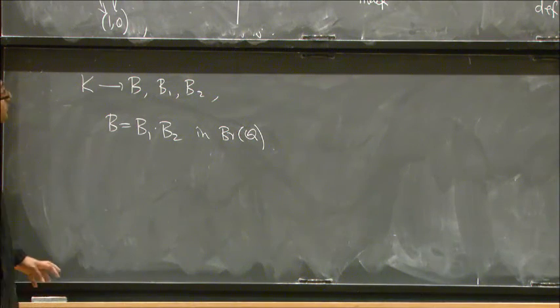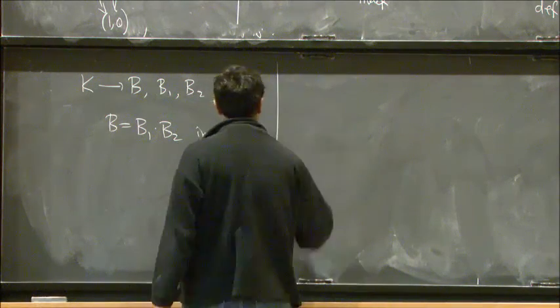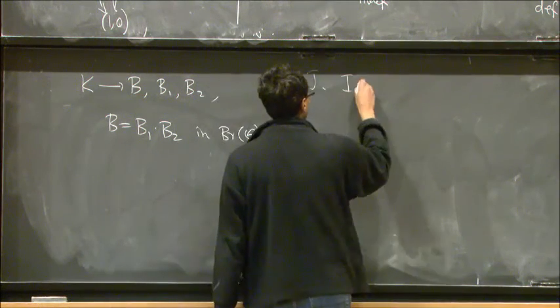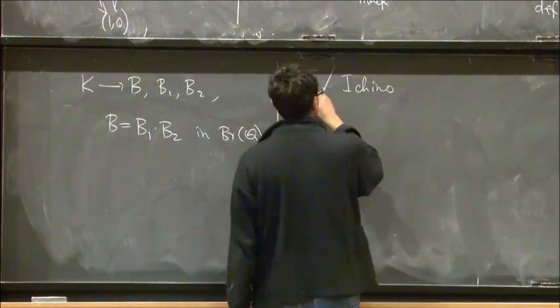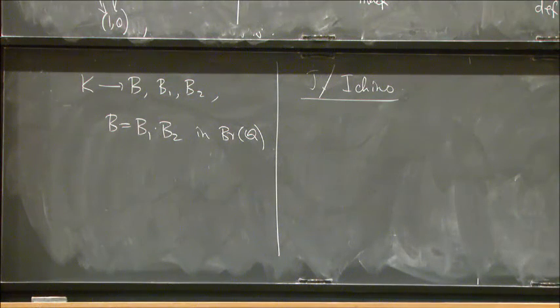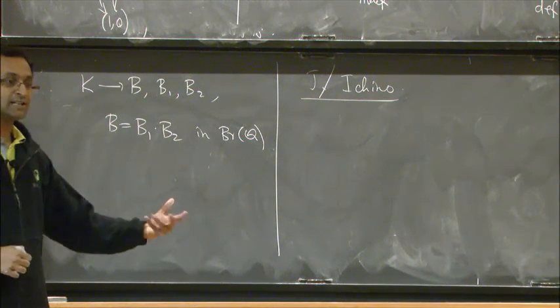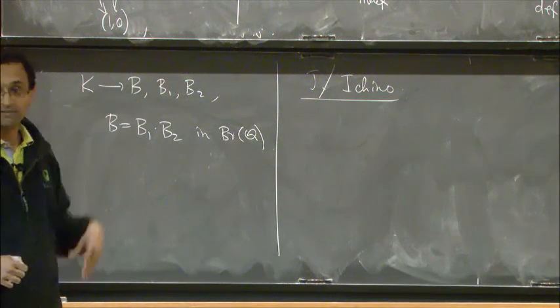All right. So now I'm going to describe the construction. This is ongoing joint work with Ichino. And the point is that somehow we want to use these other quaternion algebras, but not use that other character eta. Okay.